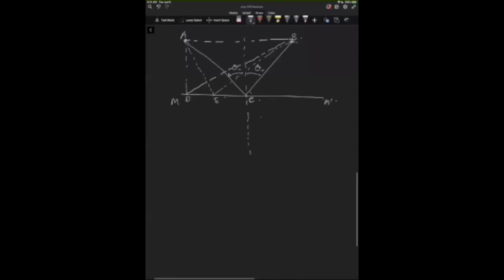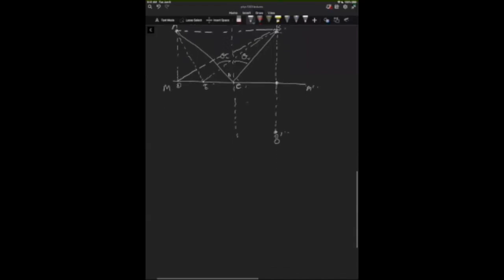This is not so difficult, because we can imagine a new point B prime that is on the other side of the mirror MM prime, at the same distance and the same lateral position, so to speak, as B. So here is B prime, which is exactly the same distance away from the mirror, but on the other side of the mirror.